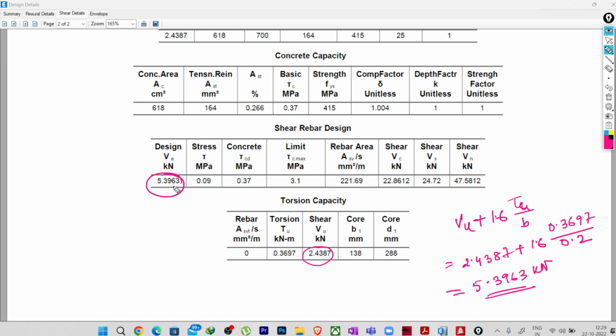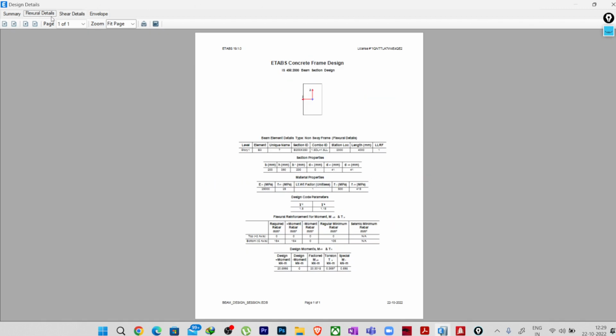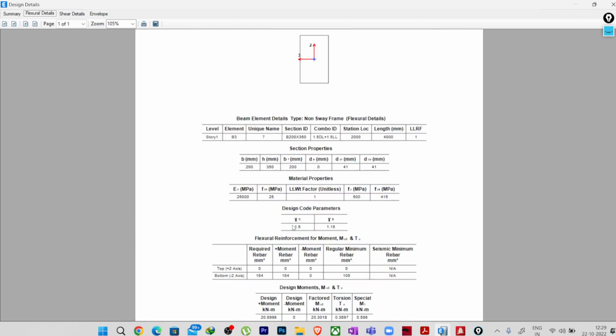Now for this VE, we need to design the shear. Among this VE, some amount of shear will be taken by the concrete, which is tau C into B into D. Okay, so what is the tau C value? The percentage of reinforcement provided, if you see here, if I go to my flexural design, what is the percentage of reinforcement provided?